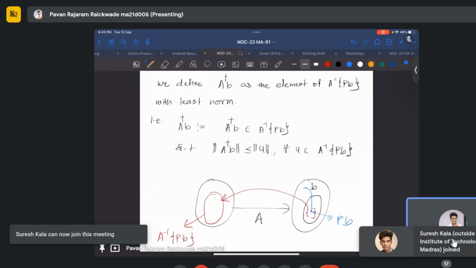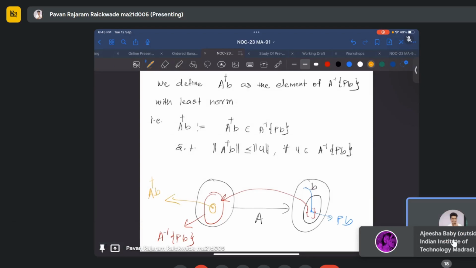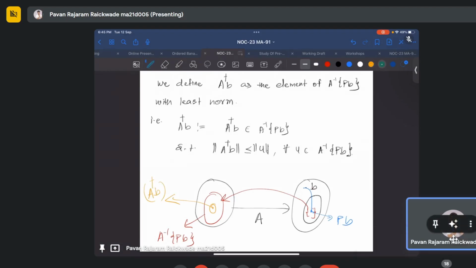And then in this set, you find an element with least norm. This is your A dagger B. Okay, this is how you went from this A to this element, this A dagger B, right? This is how your Moore-Penrose inverse is defined analytically.